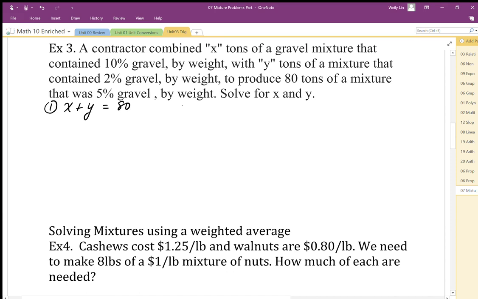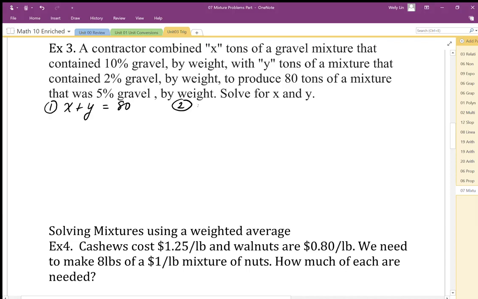So the second equation, how are we going to do this? We need to involve the percentage. So what we can do is figure out the total amount of gravel and make an equation for the total amount of gravel. So I'm going to take 80 tons of mixture and multiply it by 5%, and I'm going to get the amount of gravel.